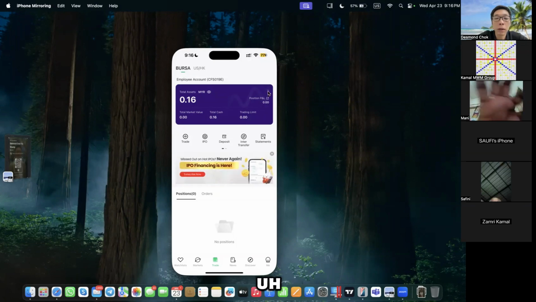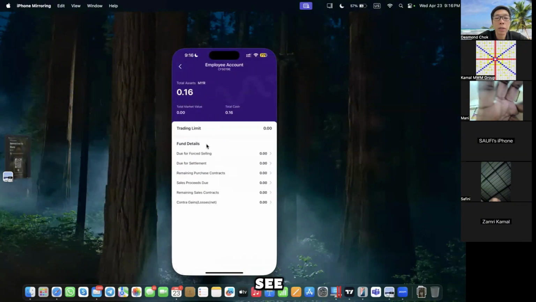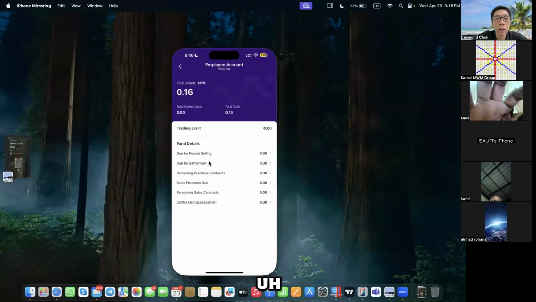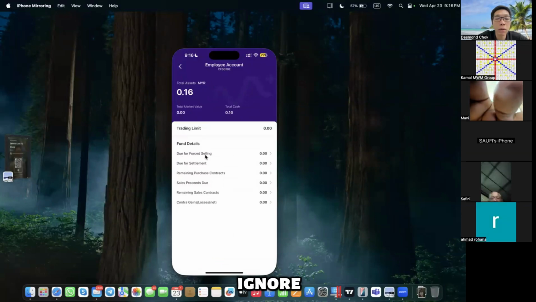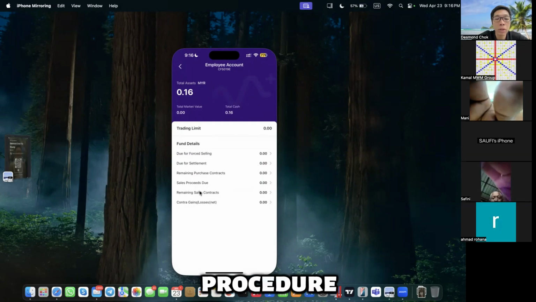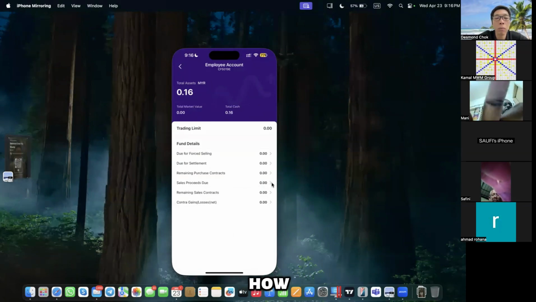Then you can click here also. Here you can see, okay, how much your trading limit is. Then this one for cash account, you can ignore this. Due for settlement, also you can ignore. Sales proceeds. Sales proceeds is, let's say when you sell your shares, then this one comes out lah. So it shows you how many days after you sell your shares the money will come back into your trust account.